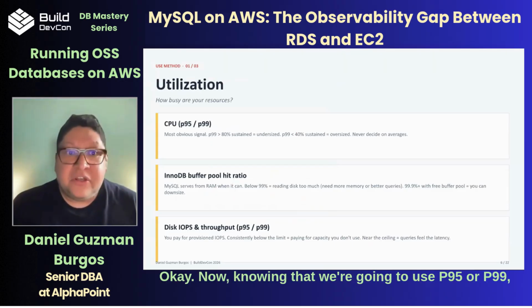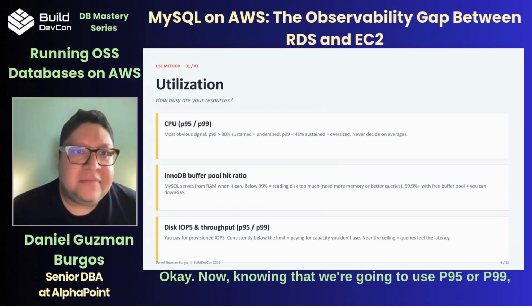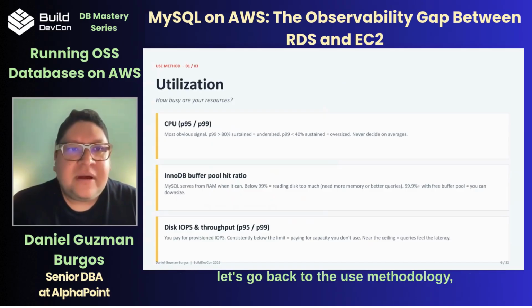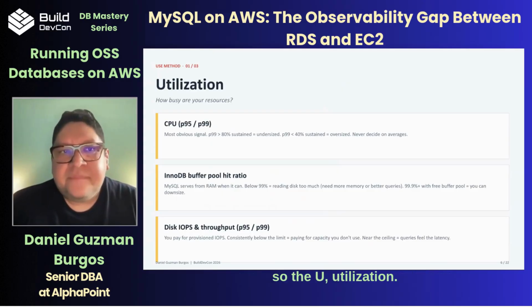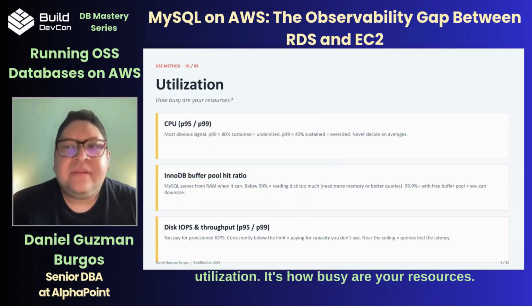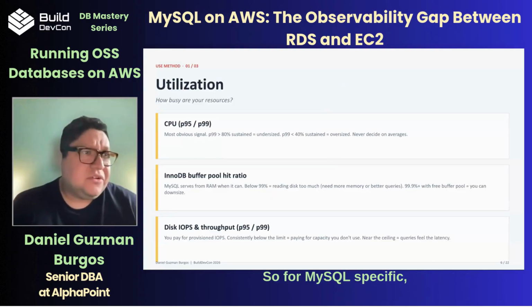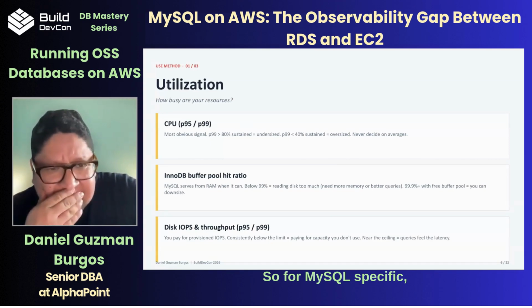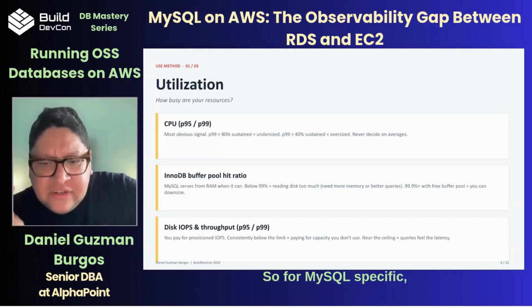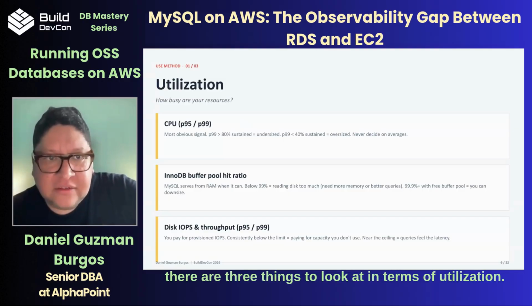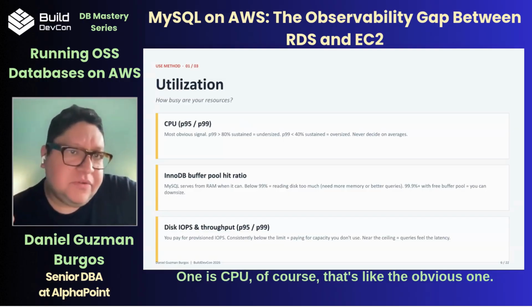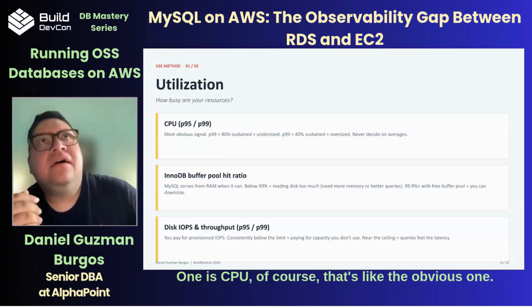Okay, now knowing that we're going to use P95 or P99, let's go back to the USE methodology. Utilization is how busy your resources are. For MySQL specifically, there are three things to look at in terms of utilization. One is the CPU, of course, that's the obvious one.